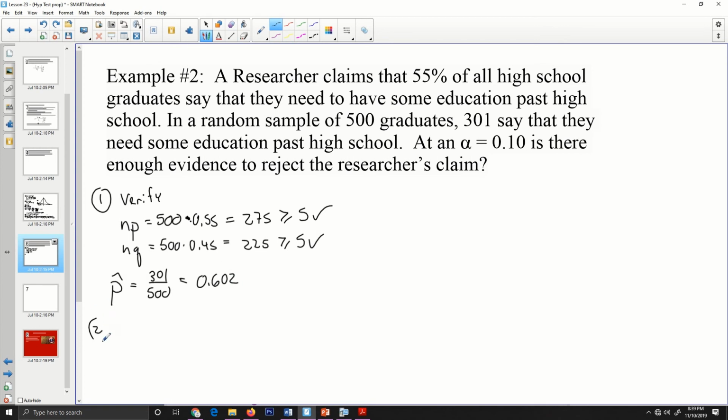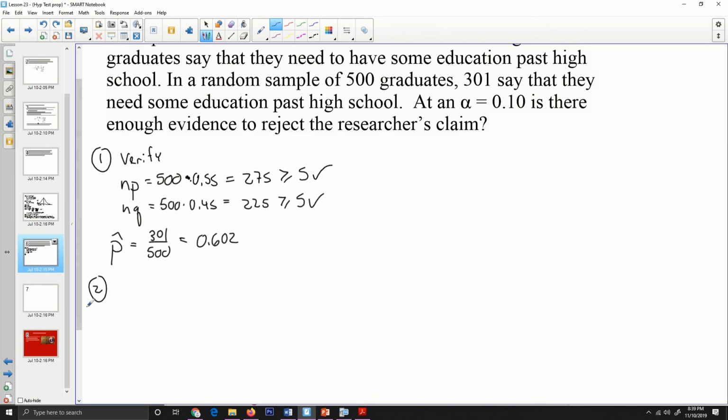And then step 2 says we need to state the claim mathematically and verbally, and then come up with our null and alternative hypothesis. So our null hypothesis, our alternative hypothesis, and we'll go 1 just because the school has some of those on the test. Our p equal to, because we're saying that it's equal to, is 0.55, and that is the claim in this one.